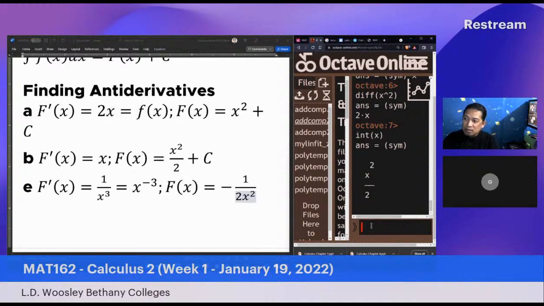And then you have the integral of 1 over x cubed, okay. So negative 1 all over 2x squared. Tama rin. So pwede siyang mag-reverse, no?